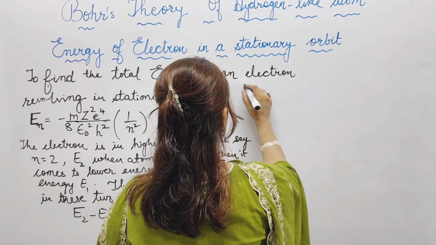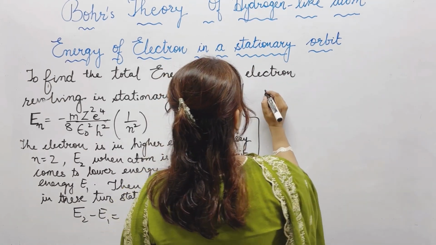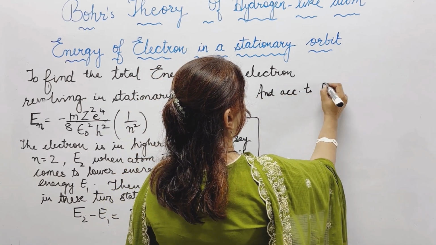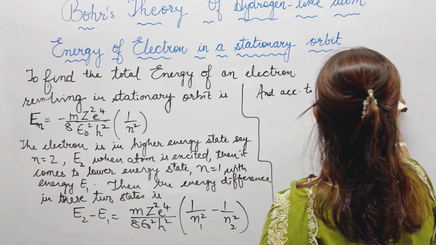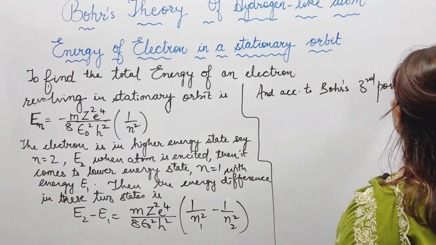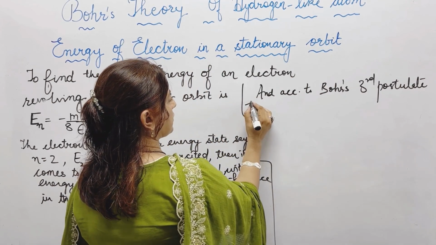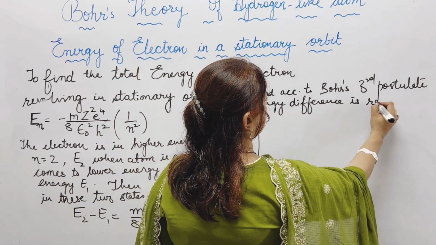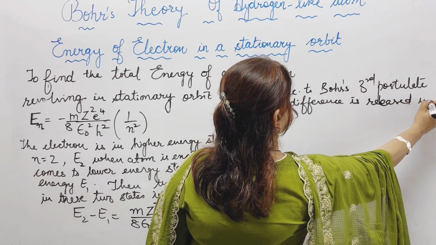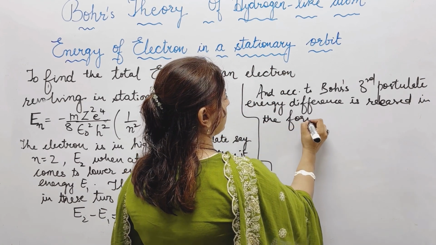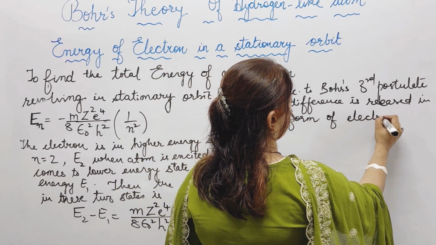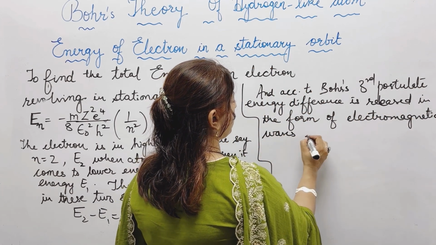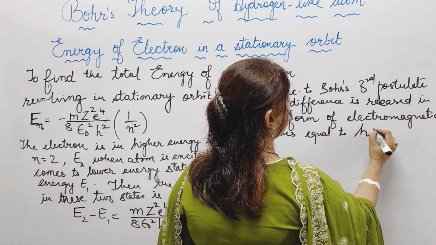So we can find out the difference of energy E2 minus E1, and according to Bohr's third postulate, this energy difference is released in the form of electromagnetic waves equal to h nu.